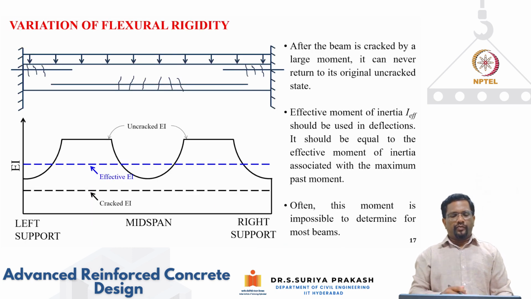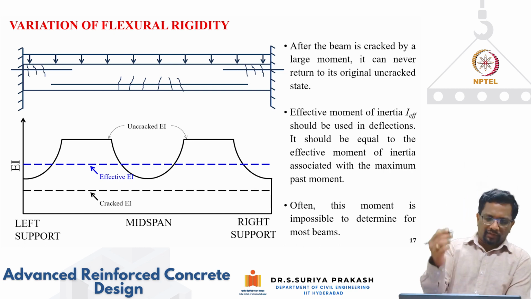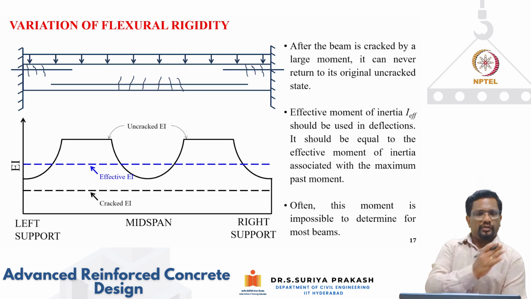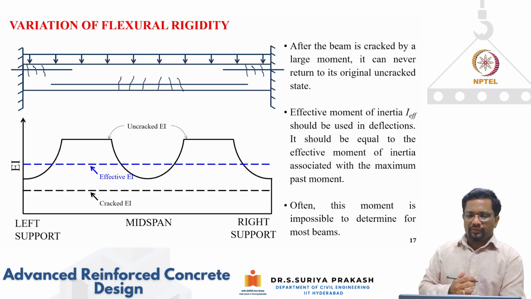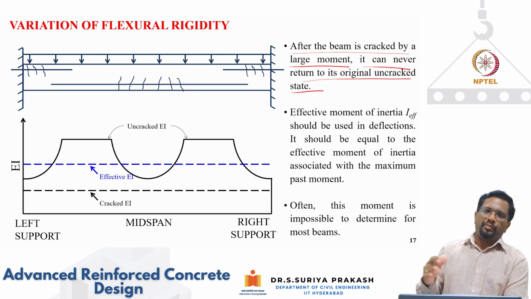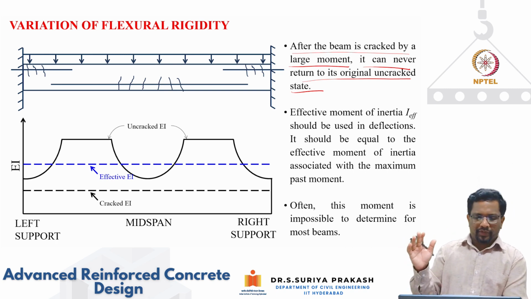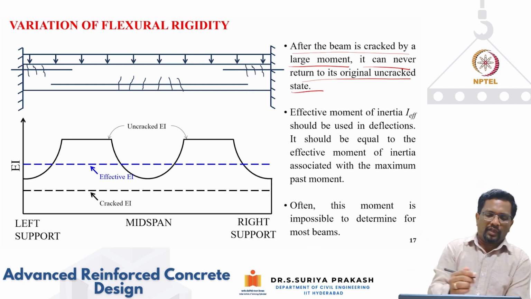So this is what we talked about in the case of a continuous system, because the cracking distribution is going to change, right? Soon after the beam is cracked by a large moment, it can never return to its uncracked stage. So the moment the beam is cracked, your flexural rigidity is going to reduce and it cannot go back to uncracked.